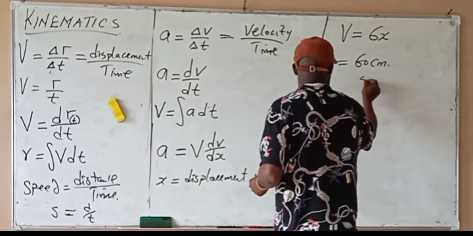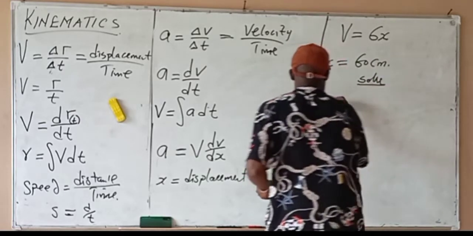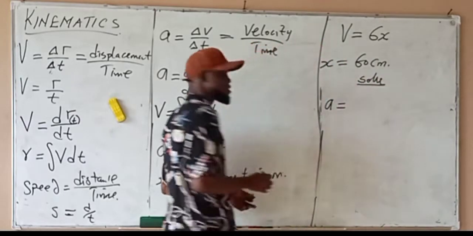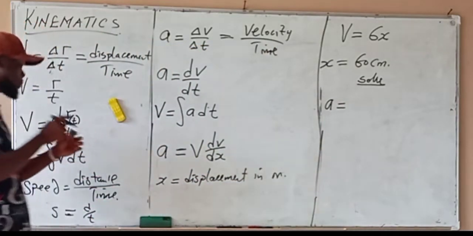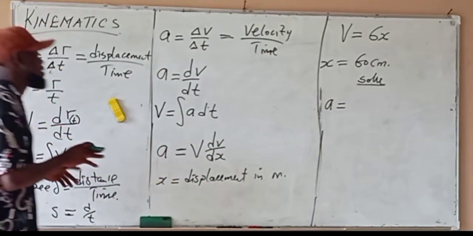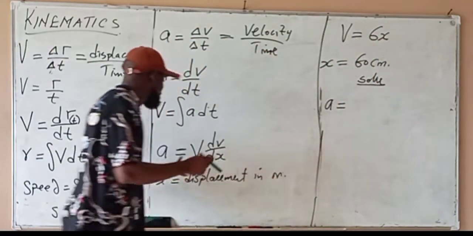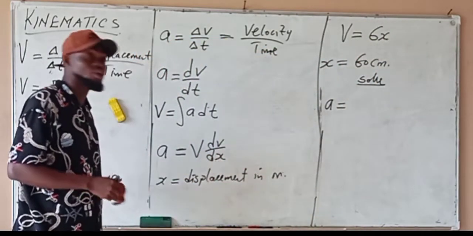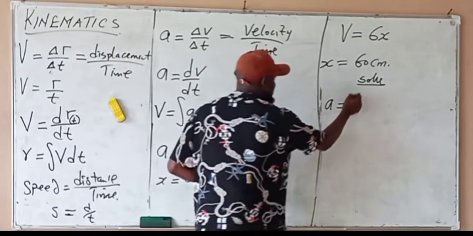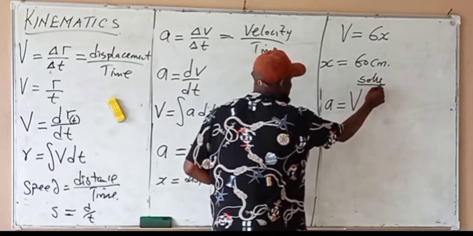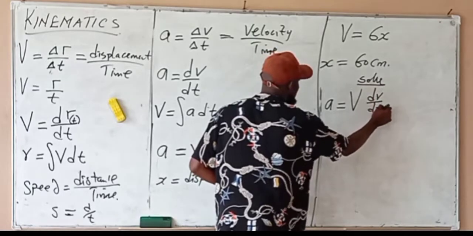Solution. They say, what is the acceleration at the displacement of s equal to 60 centimeters? I told you, if velocity is given as a function of displacement, acceleration will be v dv over ds. So acceleration will be v, which is velocity, times dv over dx.